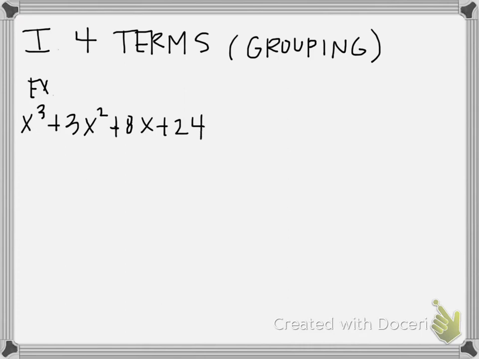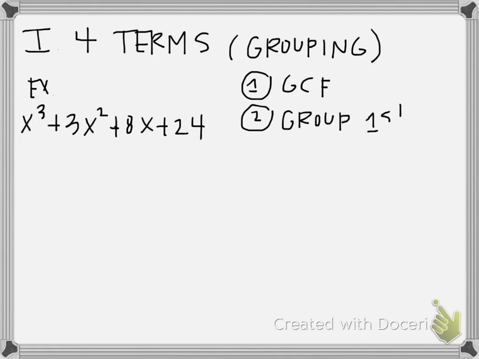Okay. So the first thing you always ask yourself is, is there a greatest common factor? Factor out the GCF if you can. This one doesn't have a greatest common factor. So now I see how many terms I have. So I'm going to group the first 2 terms and group the second two terms.